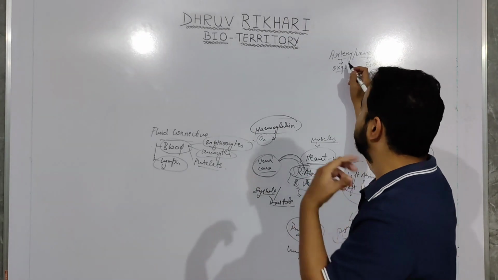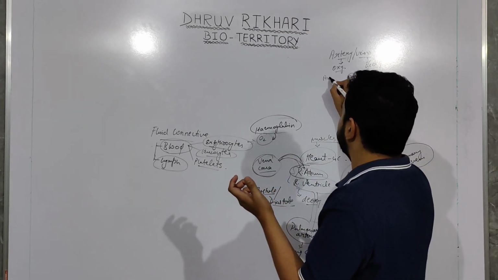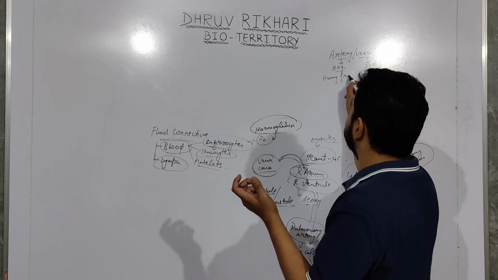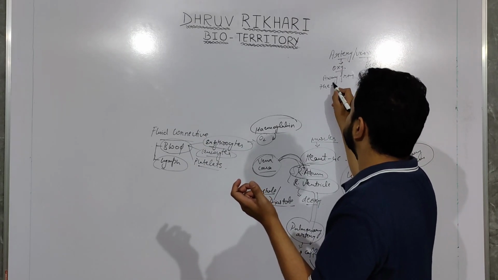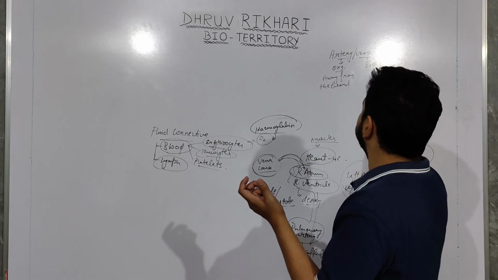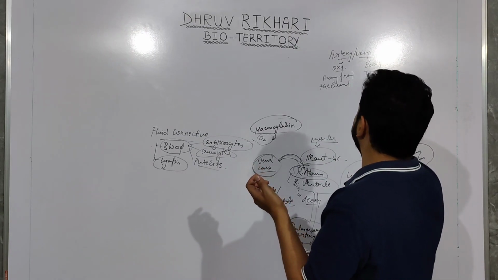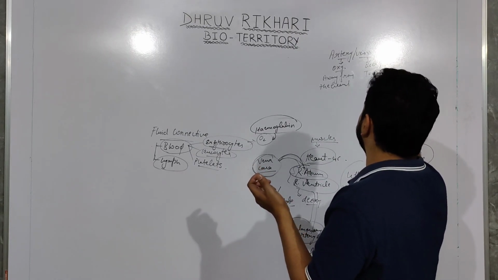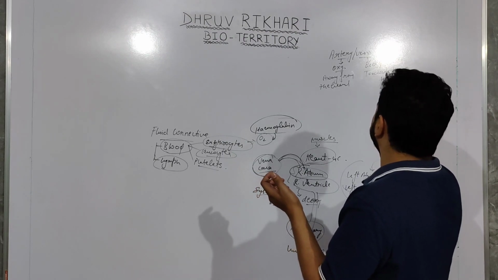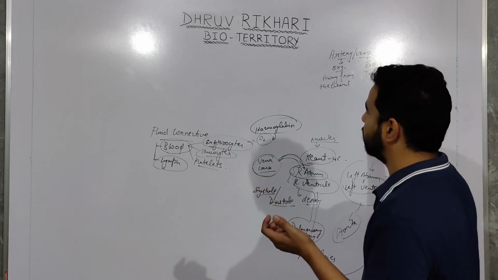Arteries take blood away from the heart, whereas veins take blood towards the heart.